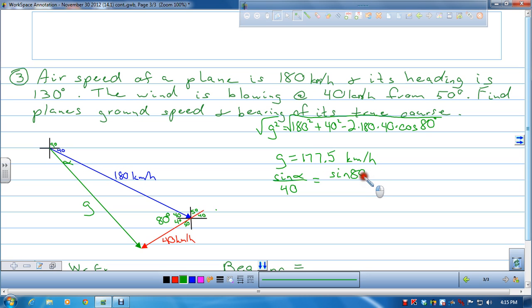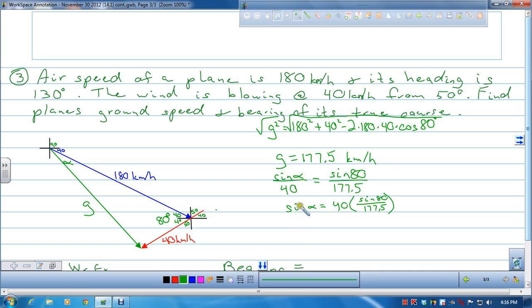So the sine of 80 over my unknown side, which I now know to be 177.5. So sine of alpha equals 40 times sine of 80 over 177.5.